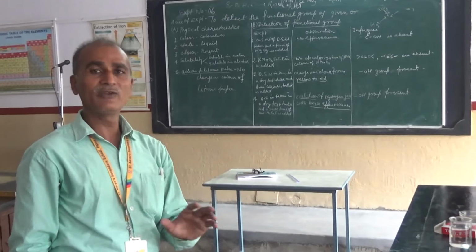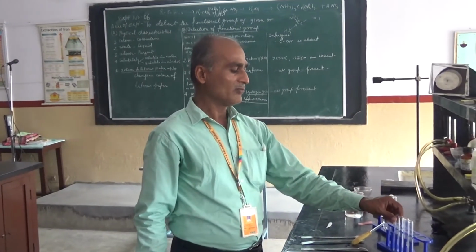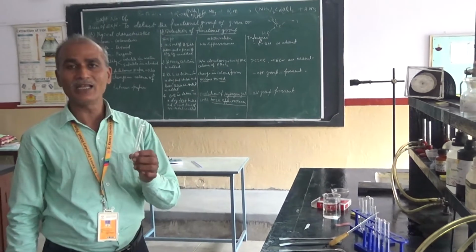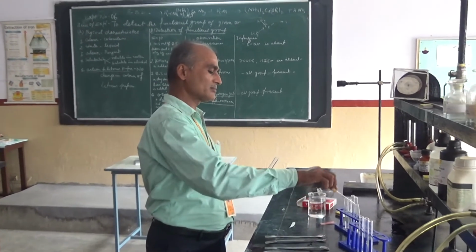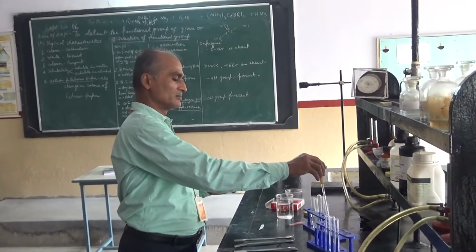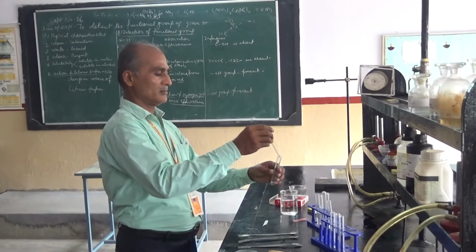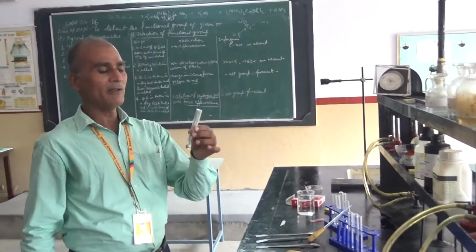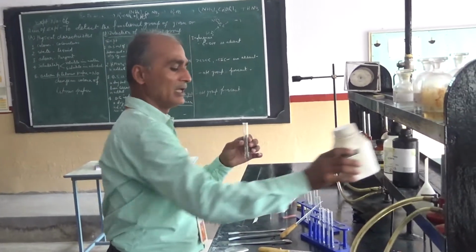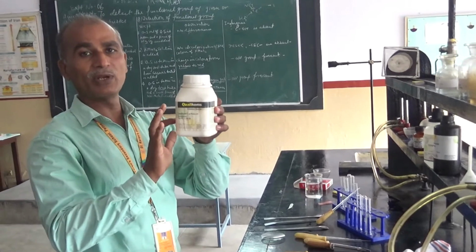Now we will proceed to the chemical analysis of the given organic sample. For this, we take another dry test tube and take organic sample in it. This is your organic sample. We have to add a pinch of sodium carbonate. This is your sodium carbonate.